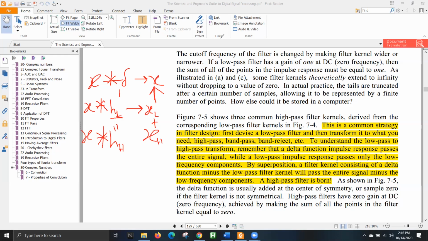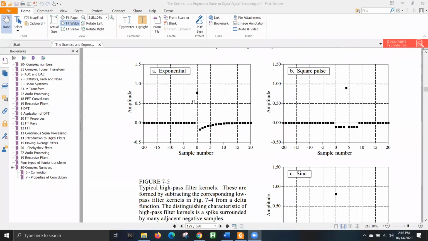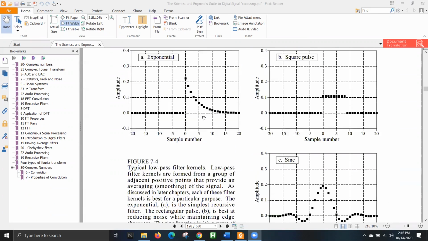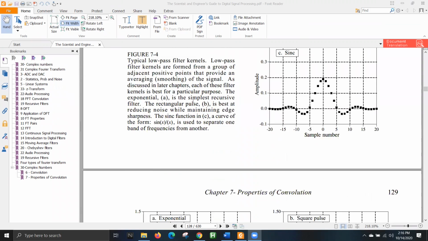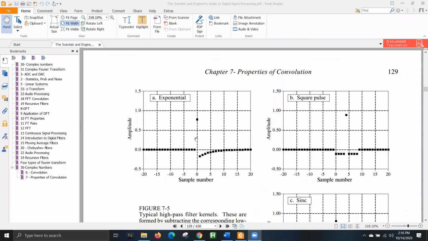So this is how you got these things. All of these are basically the difference of the delta function, that is the unit impulse, with h_l, the impulse response for the low pass filter. If you take the difference, you get the corresponding impulse response for the high pass filter.